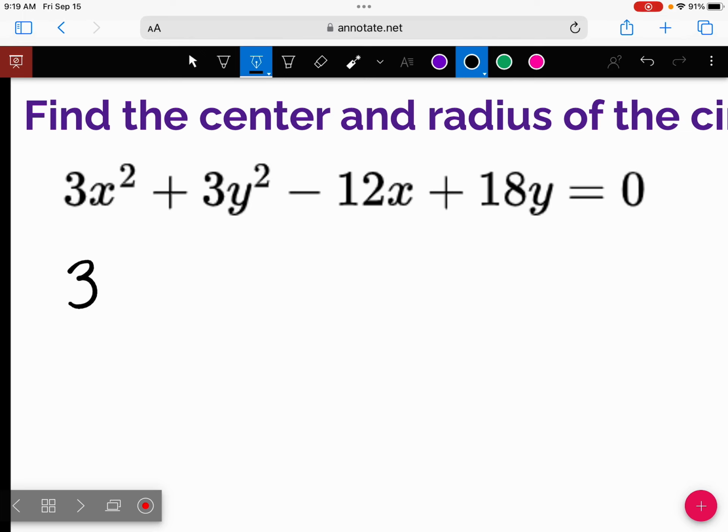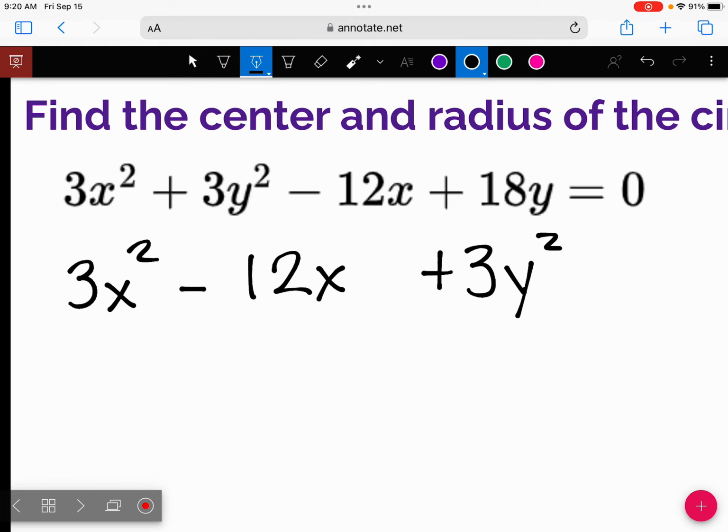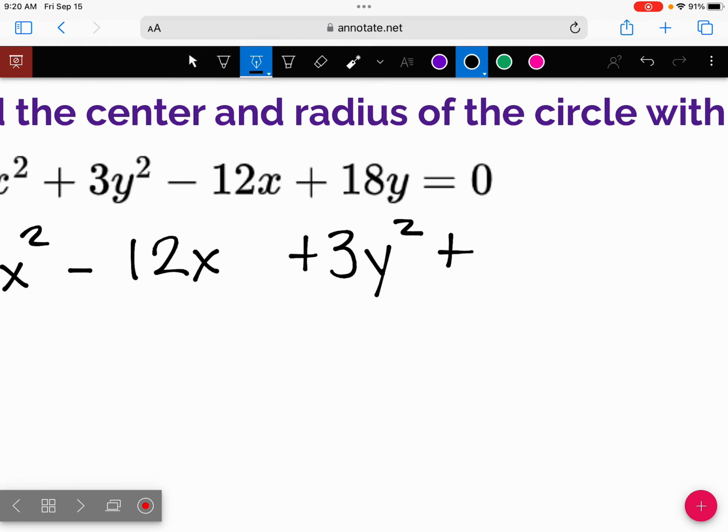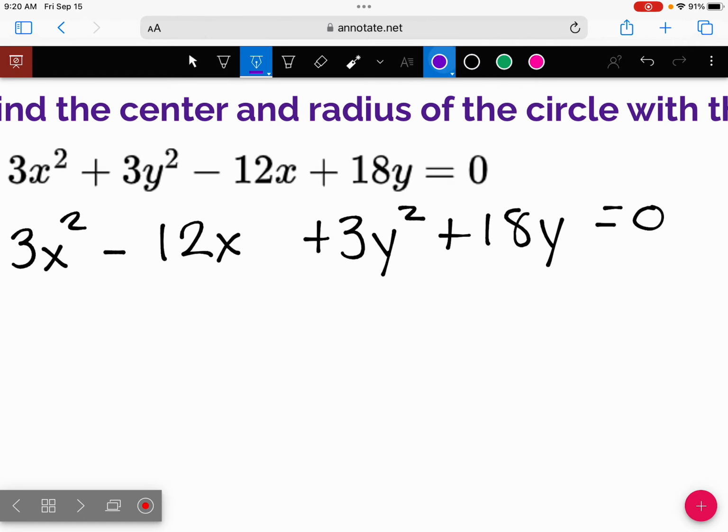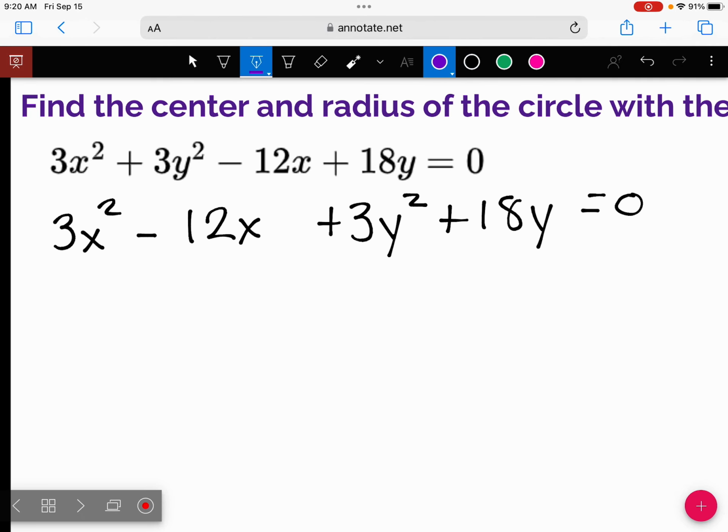So I'm going to put my 3x squared minus 12x plus 3y squared plus 18y equals 0. Just reordering. We are going to put parentheses around my x's and around my y's like this.